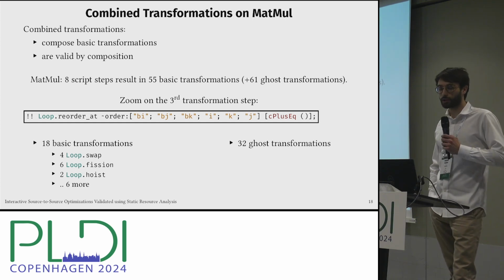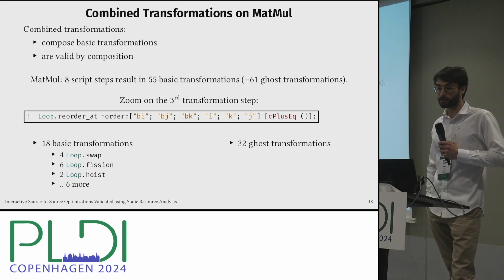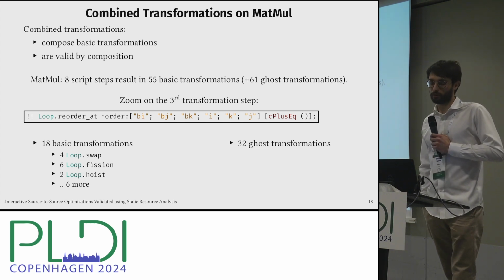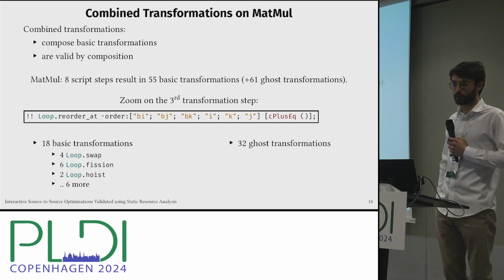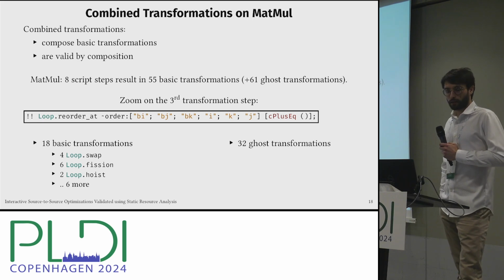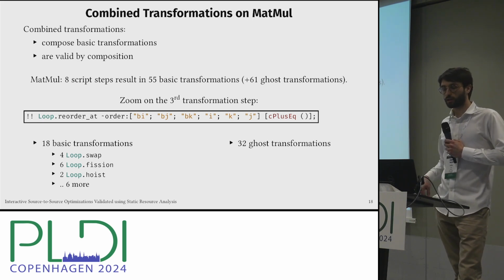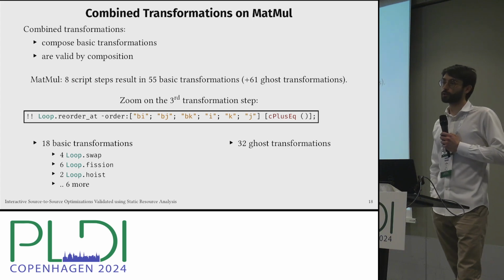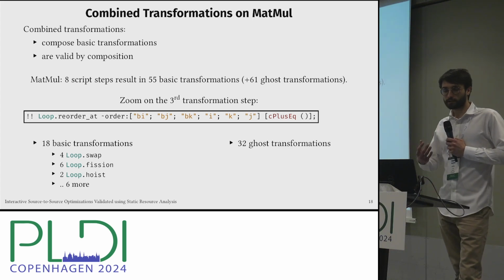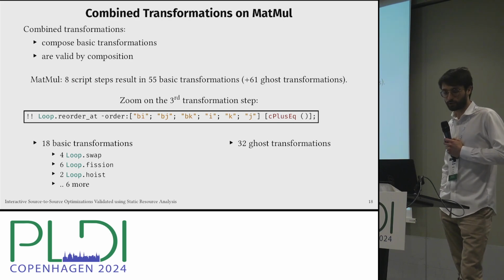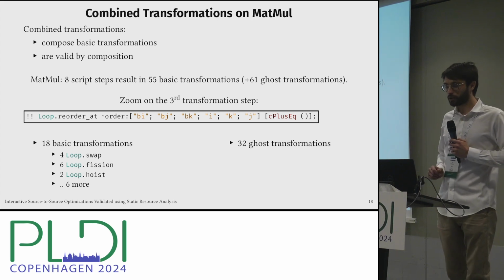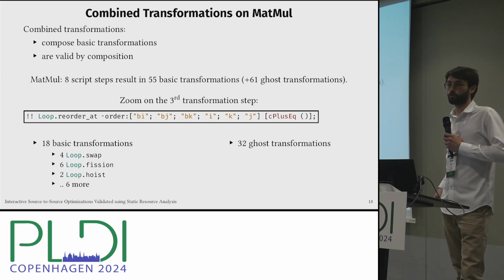These are transformations that are only here to help with resource computation. If we look at the first transformation step, even though we are just specifying a loop order that we care about, behind the scenes this is achieved by applying 18 basic transformations, and in particular transformations that swap or fission loops.